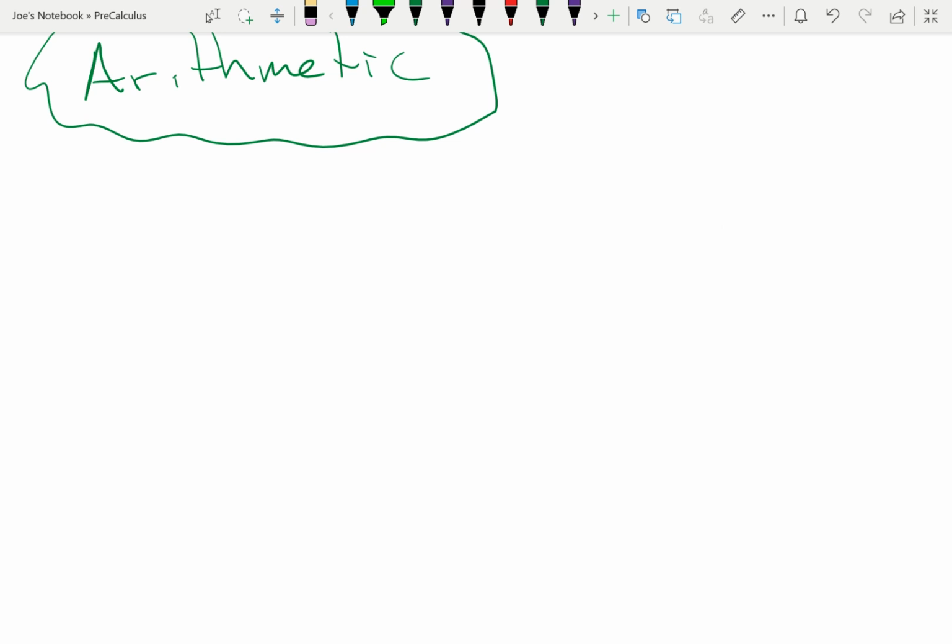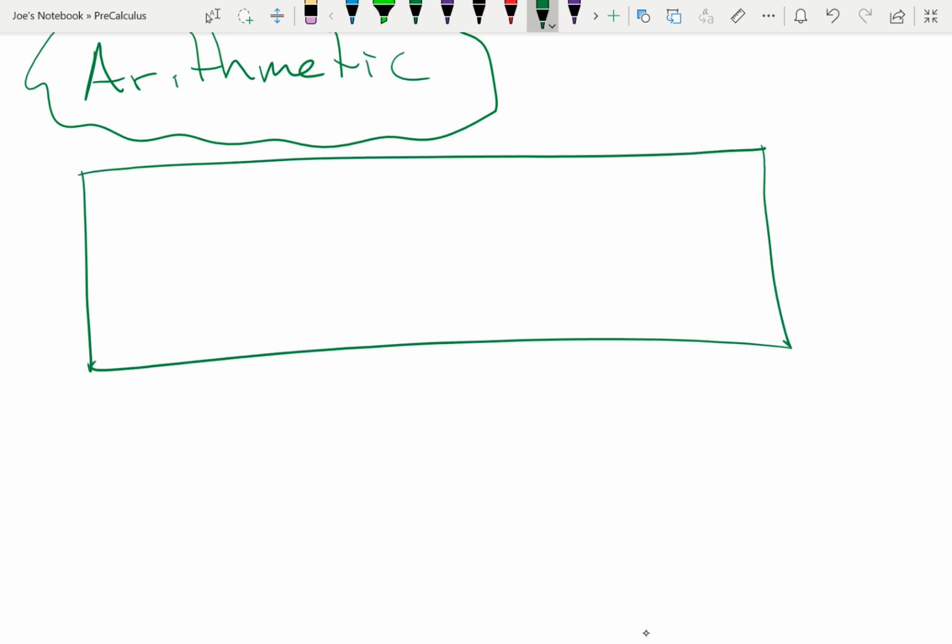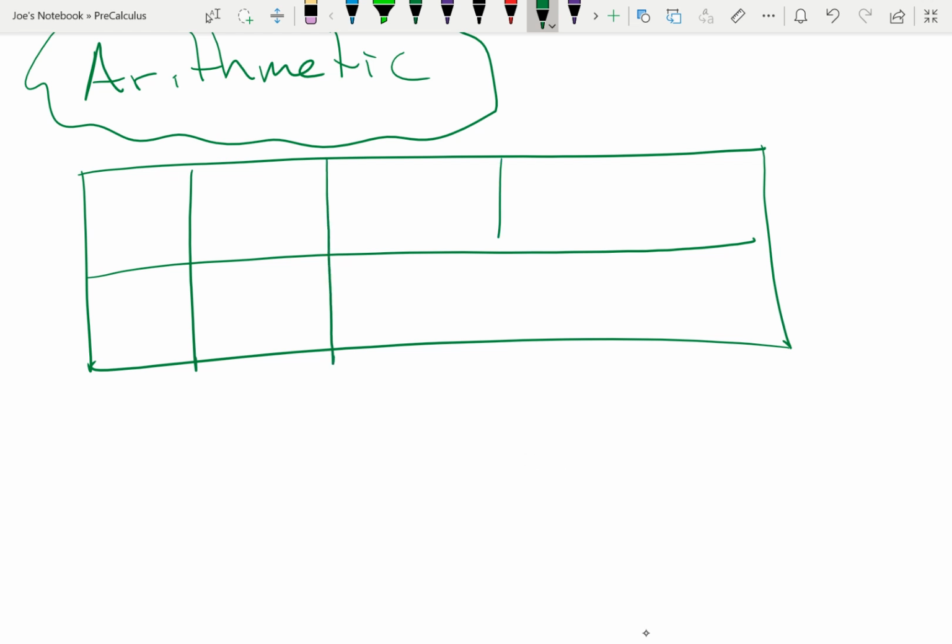So let's put this together. We do things a little differently when we talk about sequences, even though they're the same thing. We're talking about discrete math, which is not joined, not continuous, versus continuous, and I'll show you the difference. This is an example of how I like to lay out an arithmetic sequence.